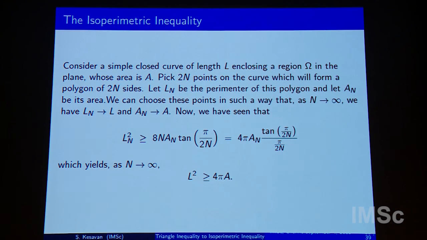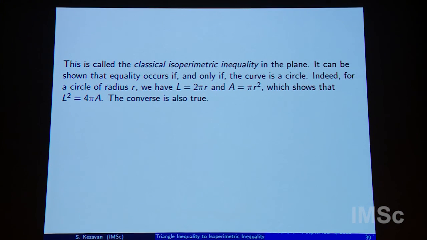So, whatever may be the domain you have, if L is the perimeter and A is the area, then L square is always greater than or equal to 4 pi A. And equality occurs for the circle. Namely, if L is 2 pi r and A equals pi r square, then L square equals 4 pi A.